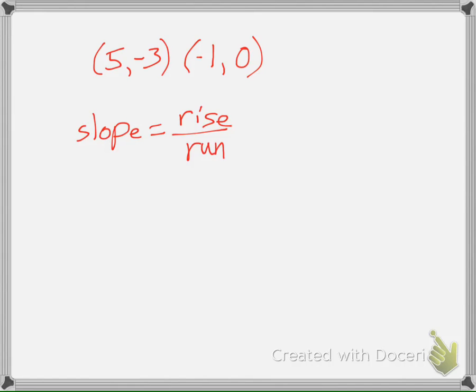The y, right? So rise is the difference between the bigger y value and the smaller y value. And then run would be the x, how it goes horizontal. How far it goes on the horizontal, which would be your x values.